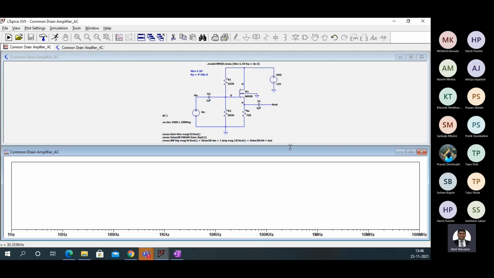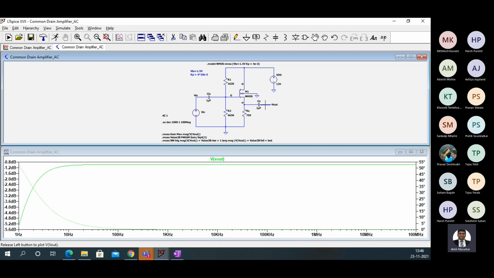Okay, so it's clearly visible, and here I want to see the output, so you can see the output here.